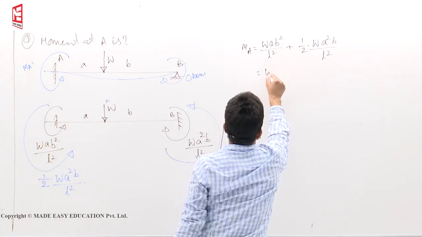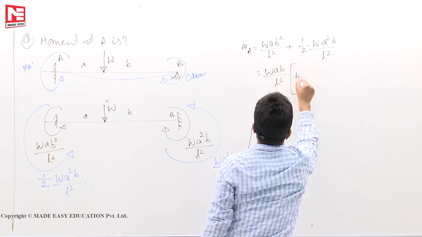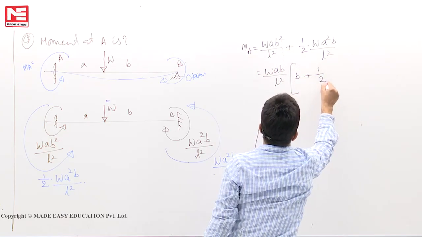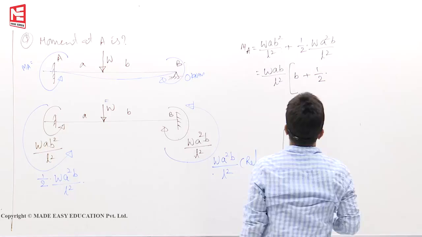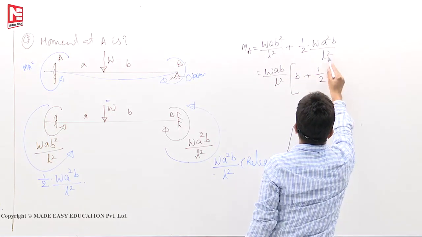Common factor we can take it as W A B by L square. Here B plus half of W A. How much is left out here?